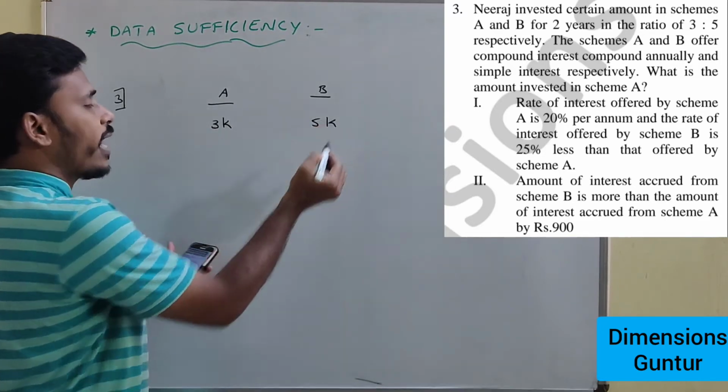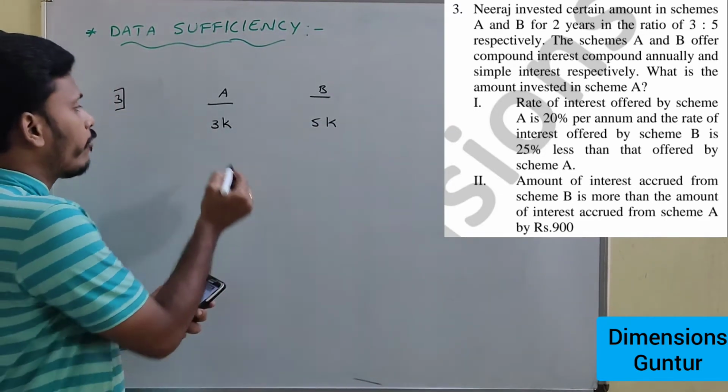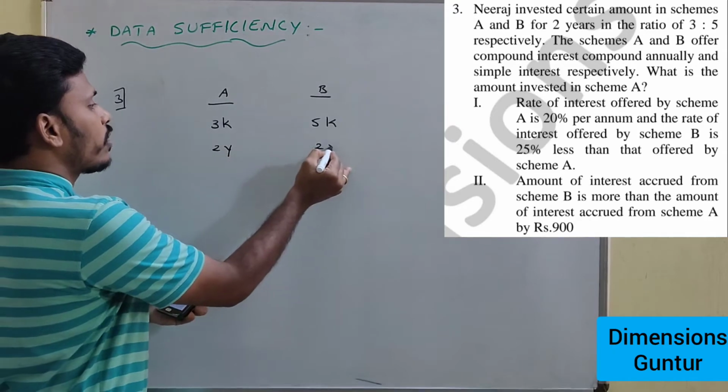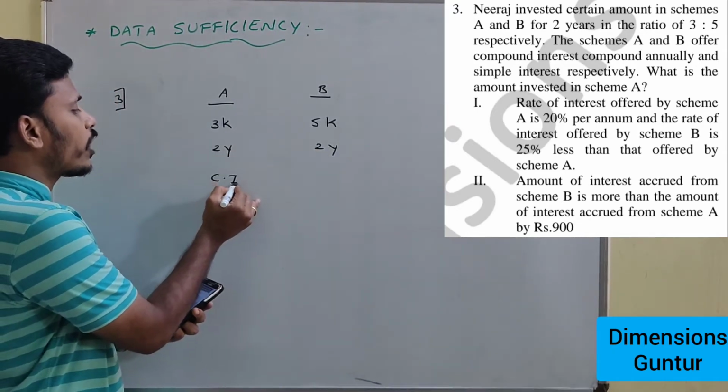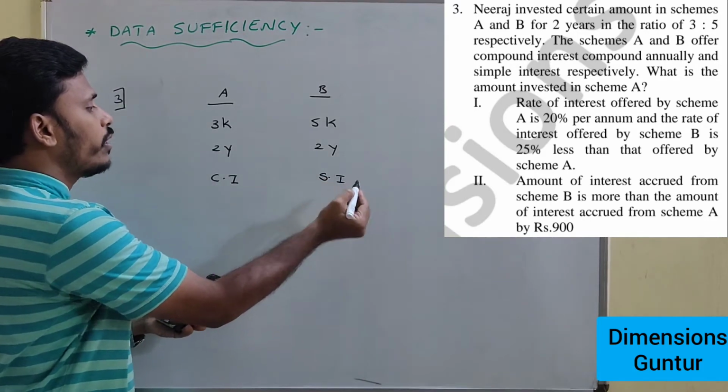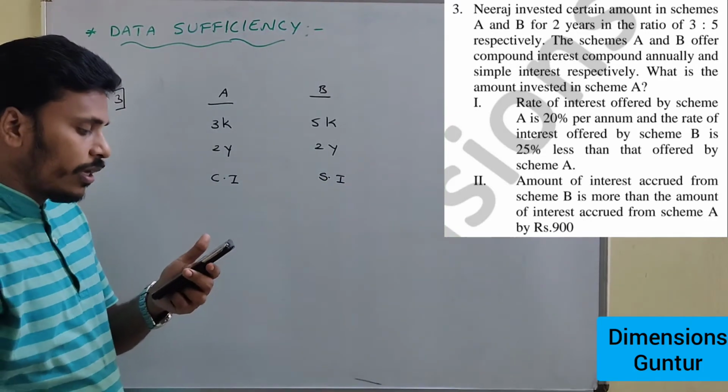So let them be 3k and 5k. And for 2 years, Neeraj invested. In scheme A, he invested at compound interest, and in scheme B, he invested at simple interest.